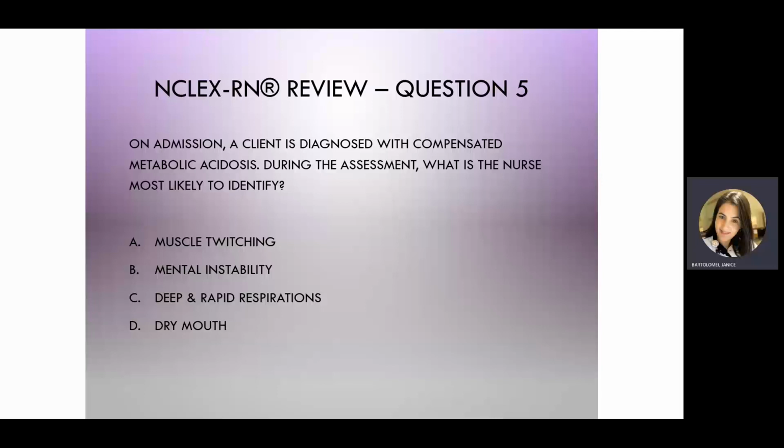Do we want to hyperventilate or hypoventilate in an acidotic state? Yes, we want to hyperventilate. We want to get rid of this CO2. So here is your deep, rapid Kussmaul's breathing. In metabolic acidosis, we have Kussmaul's breathing, that is deep, rapid respirations.